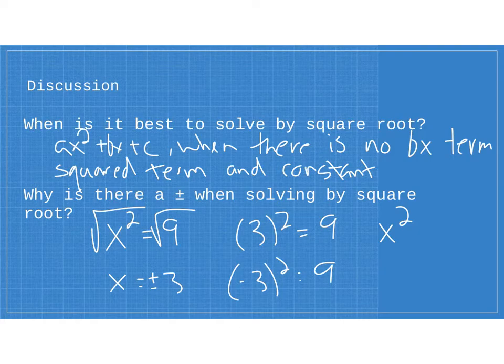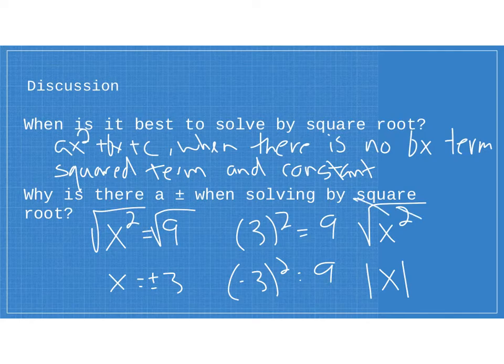So when we square root this x squared, what really is happening is you get x, but not just x, you get the absolute value of x, because we have to ensure that that x value is positive, because we've removed the squared term by doing the square root, and those canceled each other out.